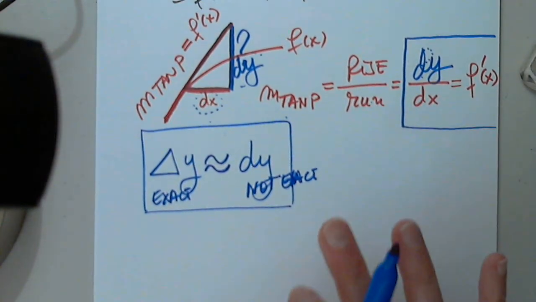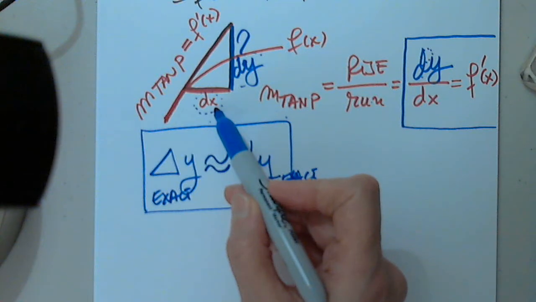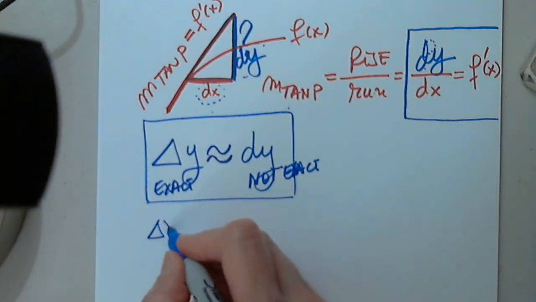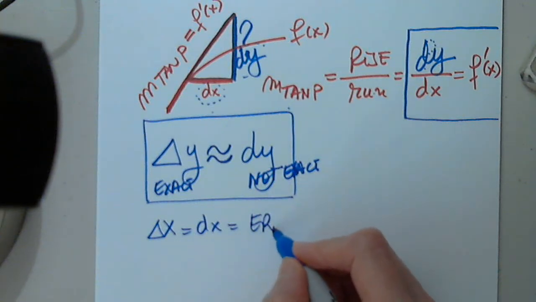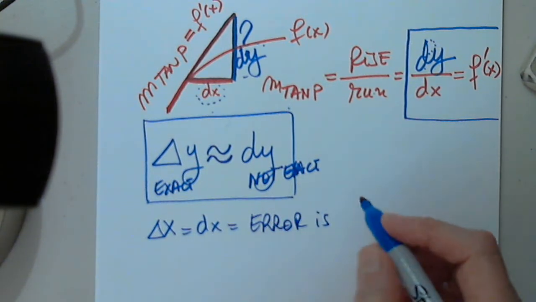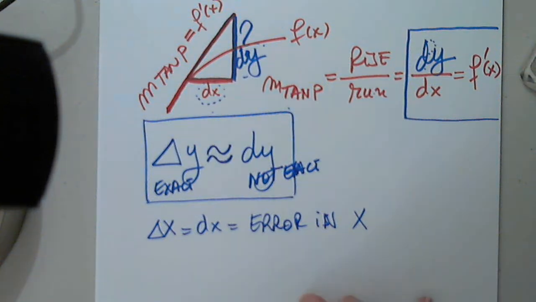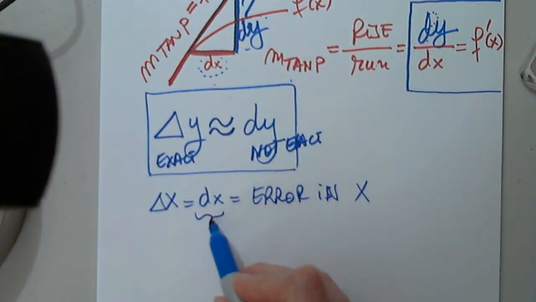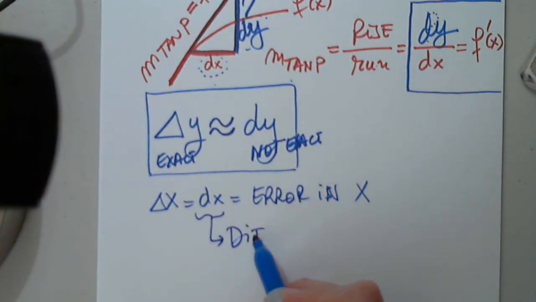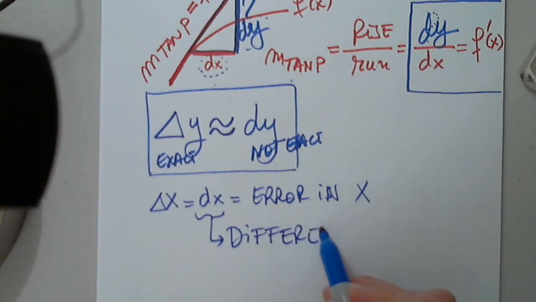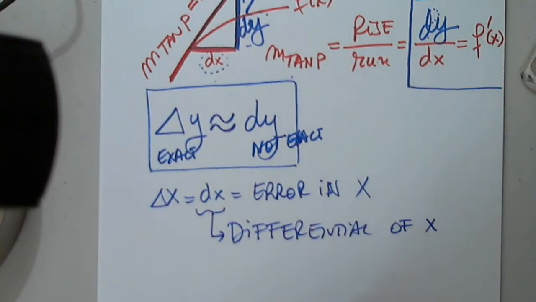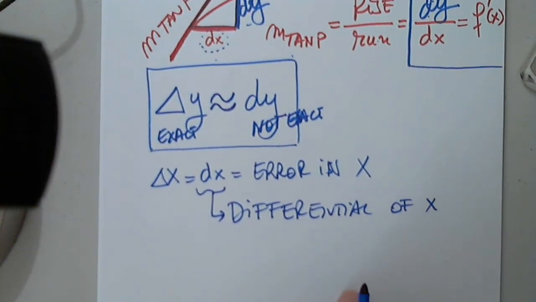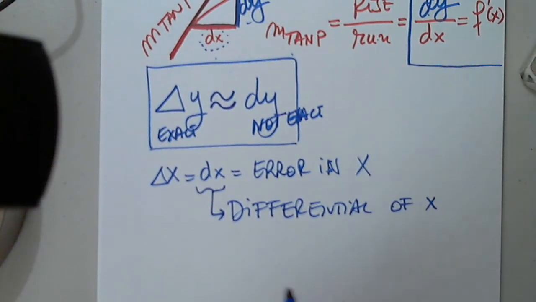Okay, so let's identify what dx represents. So delta x and dx are the error in x. This is called the differential of x. Good.